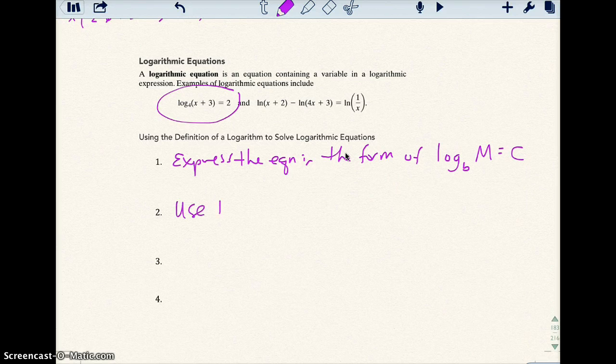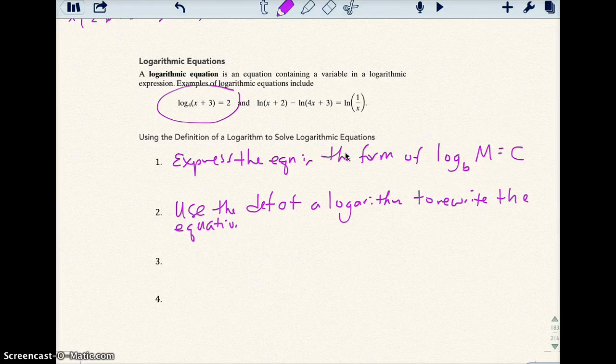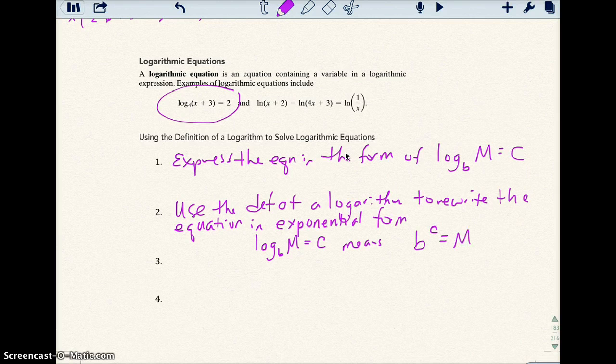Then we're going to use the definition of a logarithm to rewrite the equation in exponential form. So log base b of m equals c means you have the base b to the c equals m. Remember, this is your base, this is your exponent, and that's what it's equal to.